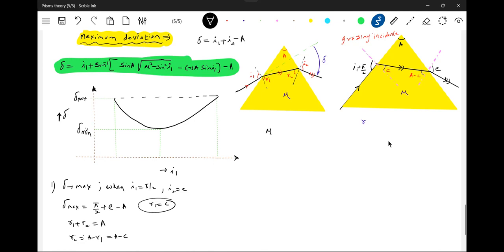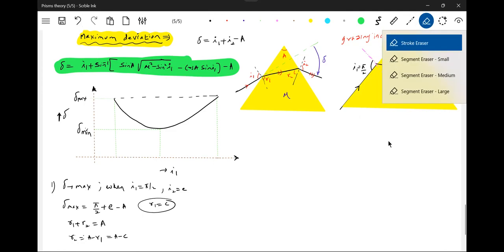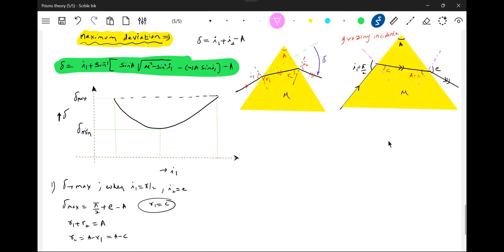Using Snell's law, it will be mu sine of A minus C should be equal to sine E, because what is the other medium? The medium on either side of the prism is air.